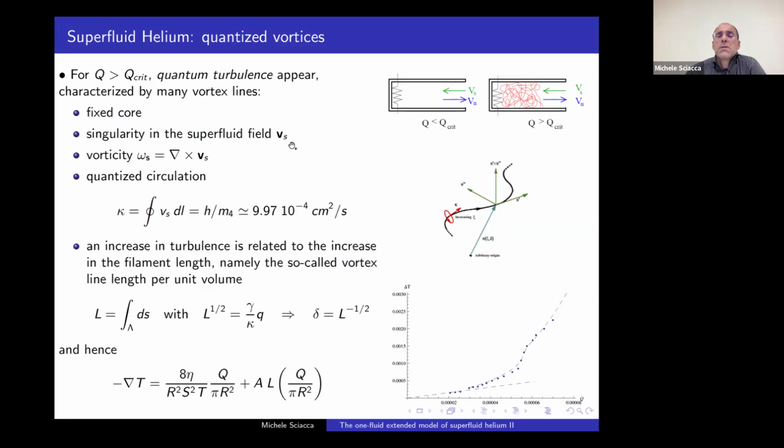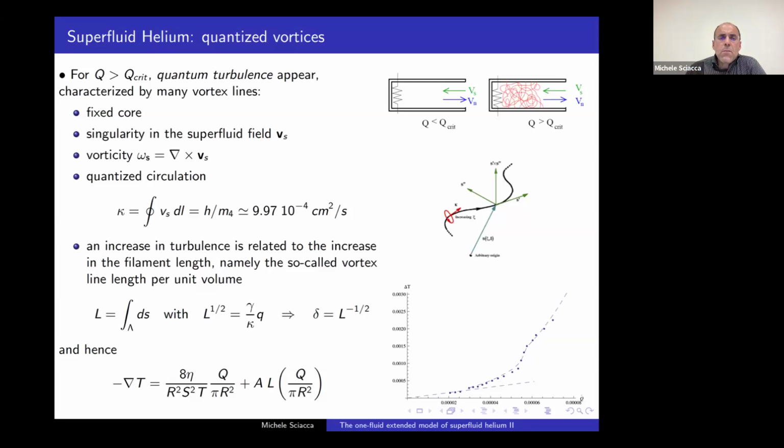The singularity is based on the superfluid component, and you have a vorticity, but the main property of these vortices is that the circulation of the superfluid component around them is fixed, quantized. For this reason, the name quantized vortices.